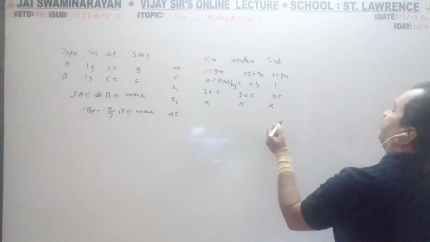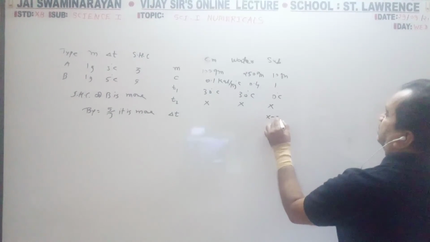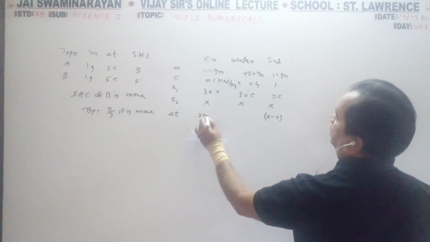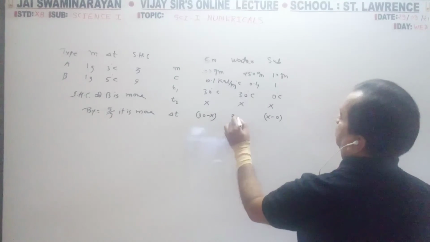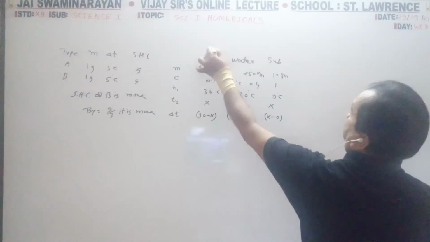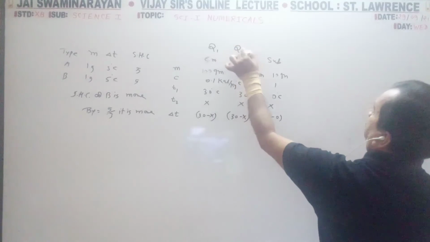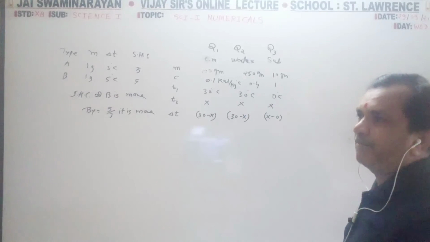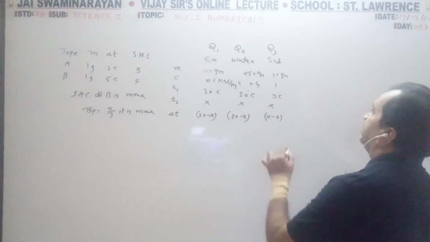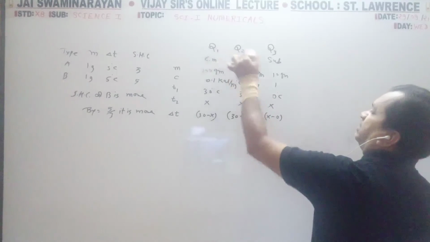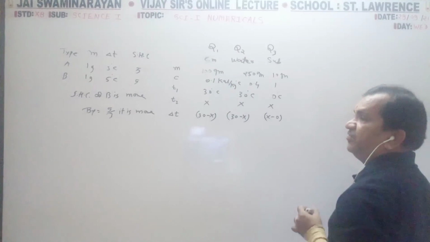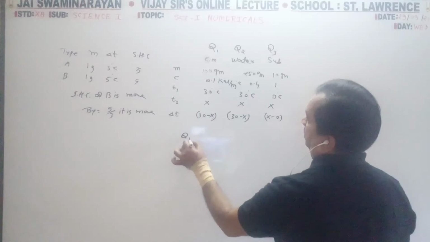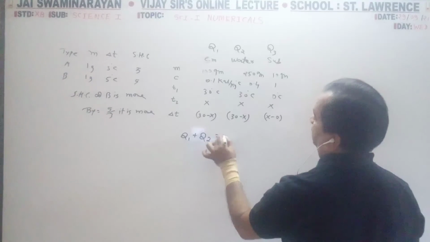So from 0 it will increase, so x minus 0. This will decrease, 30 minus x. This is Q1, this is Q2, this is Q3. This and this will release the energy, which will be accepted by ice. So Q1 plus Q2 is Q3.